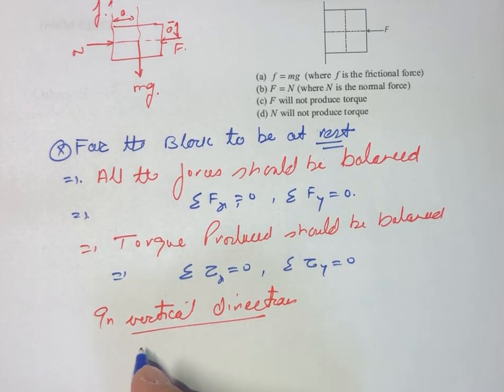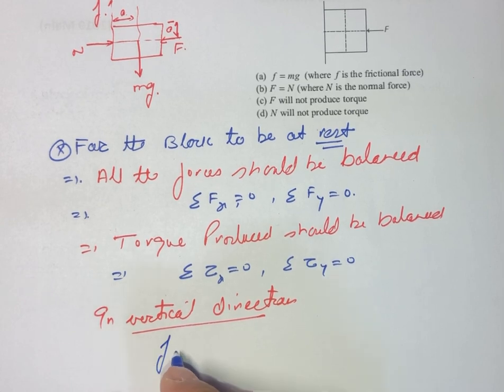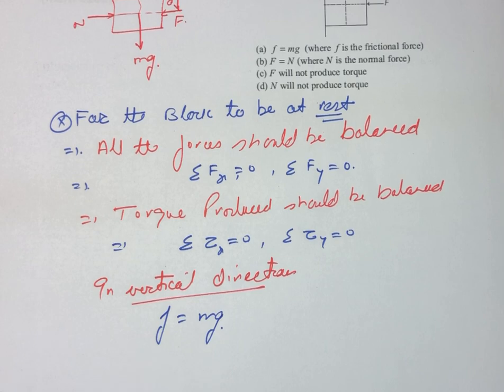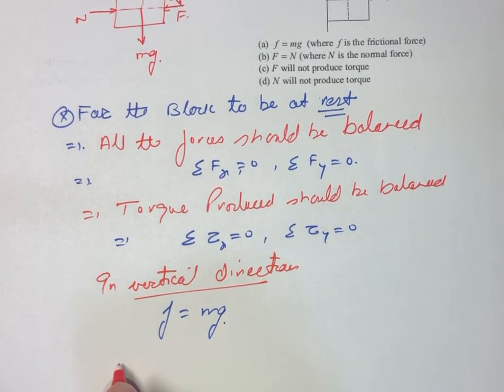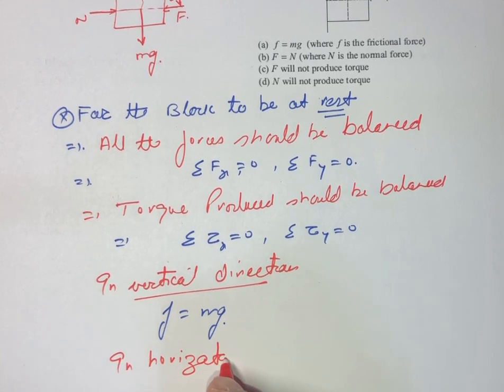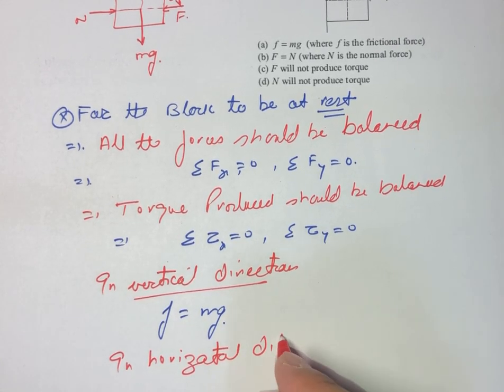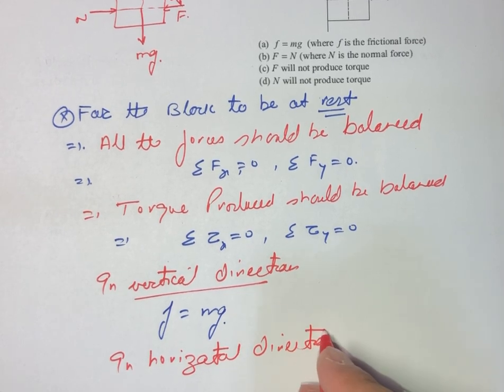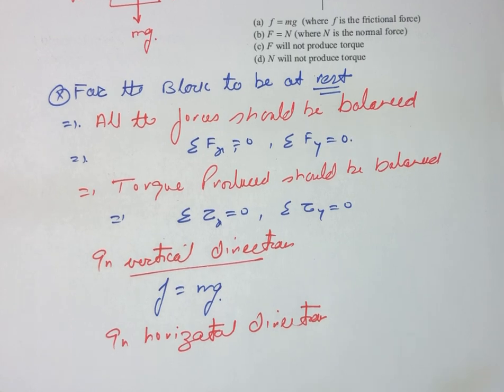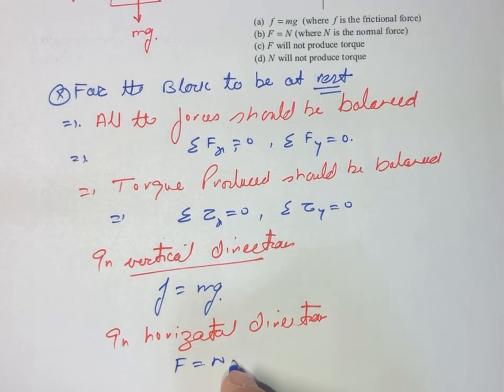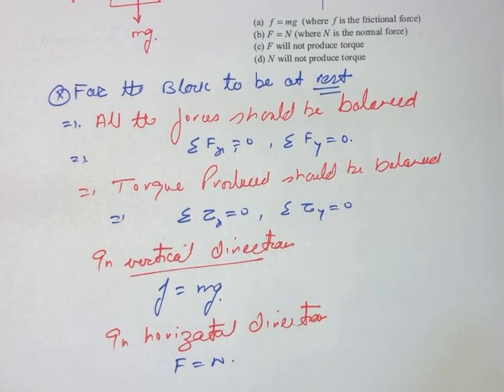Under balance condition we can say that f is equal to mg, and in the horizontal direction the applied force will be equal to the normal, F is equal to N.